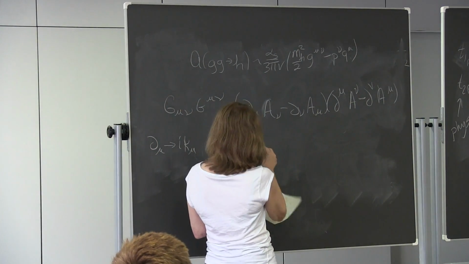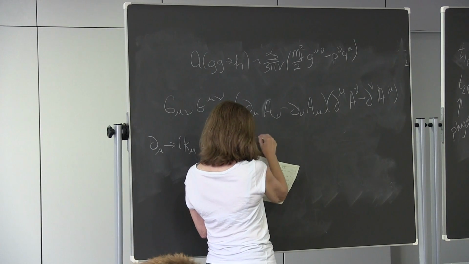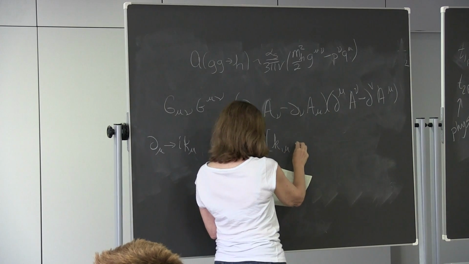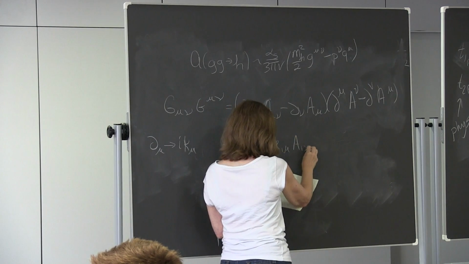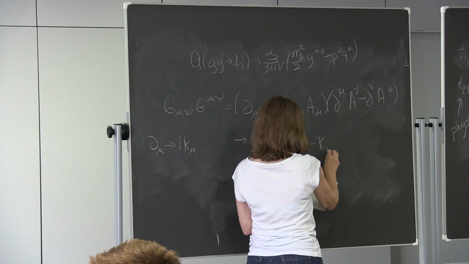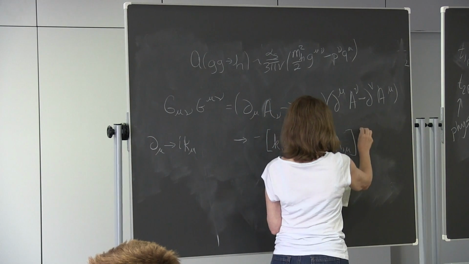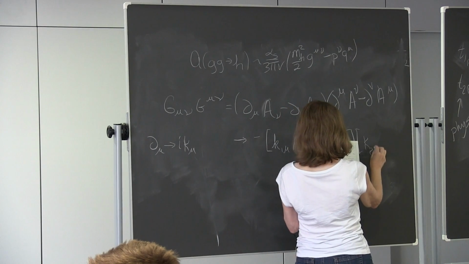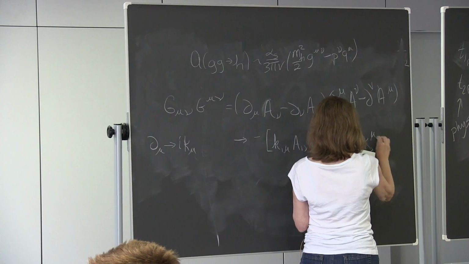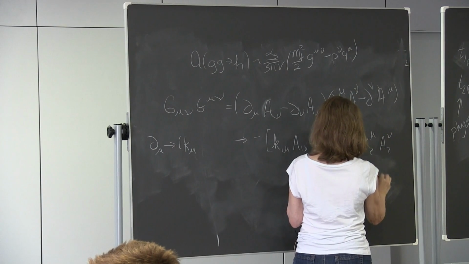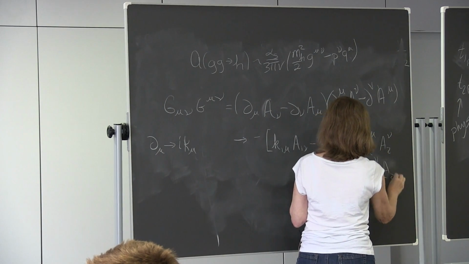And this goes to, I want to get my signs right here, k1 mu a1 nu minus k1 nu a1 mu, times k2 mu a2 nu minus k2 nu a2 mu.